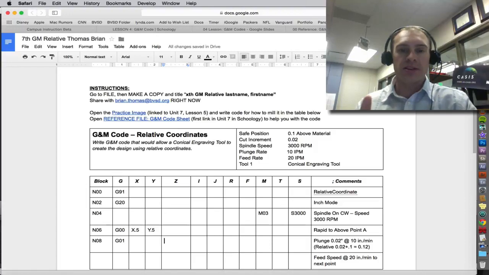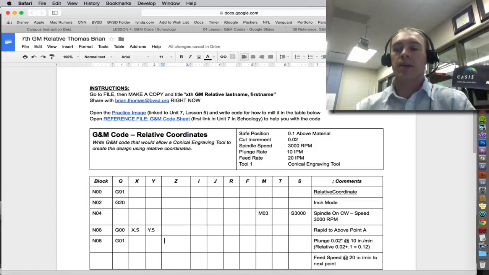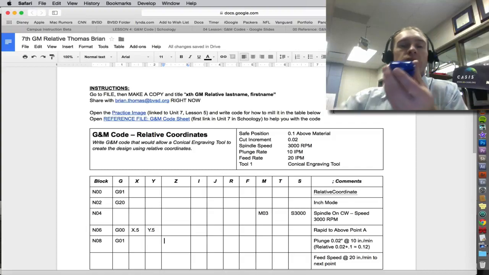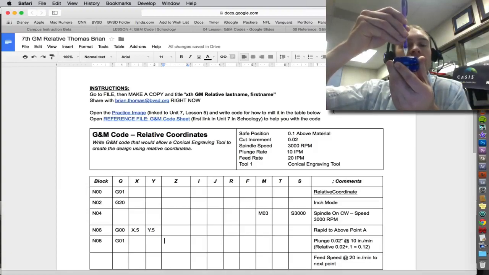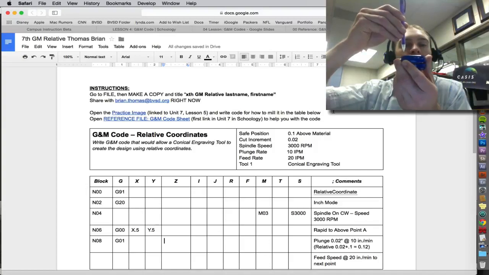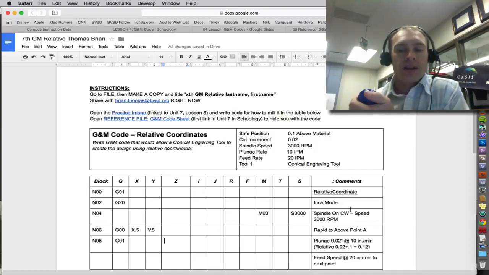And we plunge. This is the trickiest part. This is the part that's actually the most dangerous. When you set up the milling bit, you need to make sure that you set it up so that it's 0.1 above the material. So if you're going to tell it to go down, you need to go down 0.1 just to touch it, and then another 0.04, I think I used in the previous example, to actually get cutting into the material.